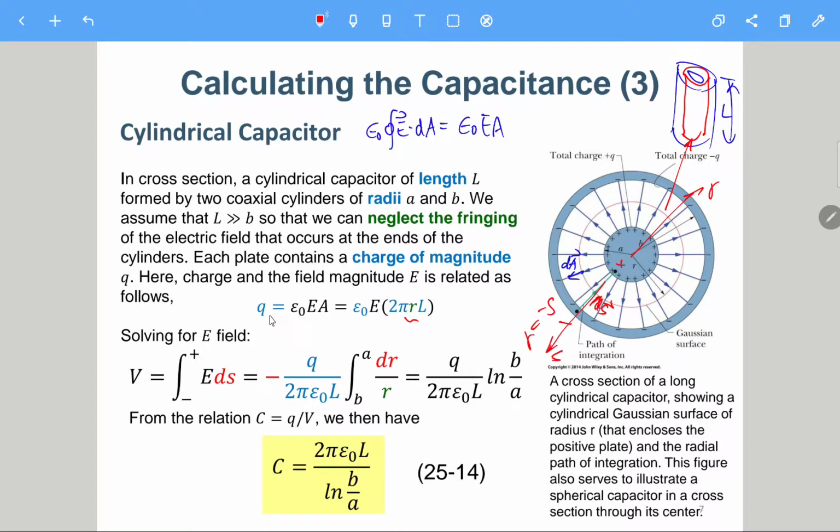And then, of course, we substitute E. E equals Q over 2 pi epsilon naught r L here.